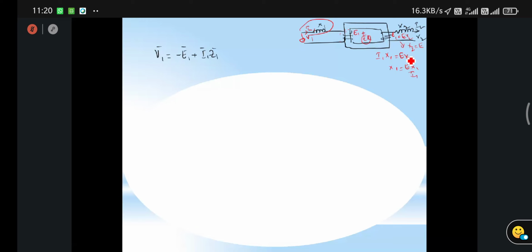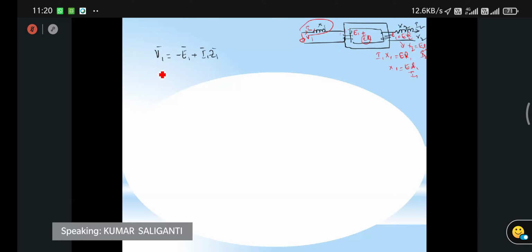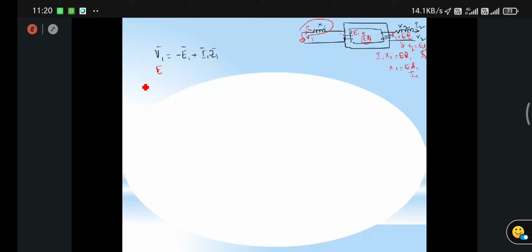Otherwise you can write EL1 and EL2. So EL2 by X2 I2. Here also E2 equal to V2 plus I2 Z2. Okay, these two relations.